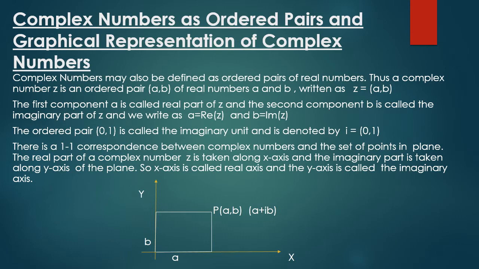So x-axis is called the real axis, and y-axis is called the imaginary axis. In the given figure, you can see a is along x-axis while b is along y-axis. Here P is a point of the plane which is also represented by a complex number a plus iota b.